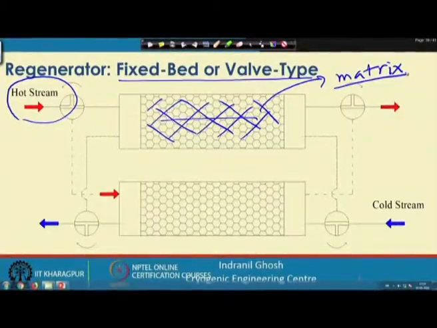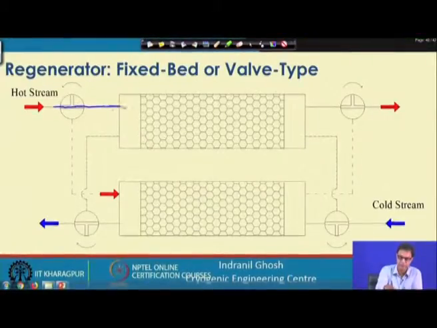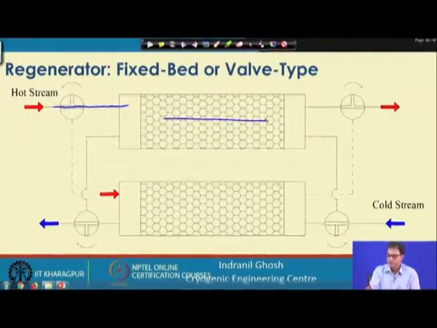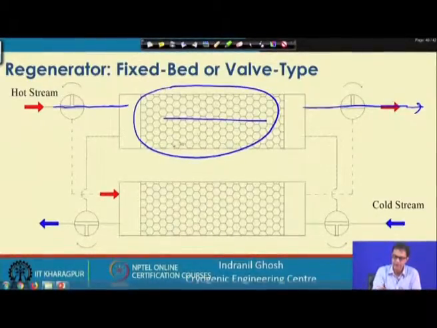And for this hot fluid, imagine that the valve is in this position, and in this position the fluid flows directly from here and passes through this regenerator. So, it will come out from this and go to the process, and while going through, it will heat up this regenerator matrix.